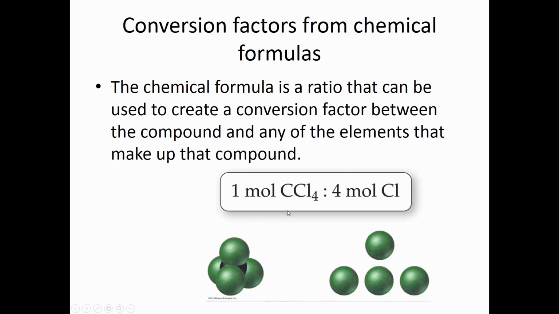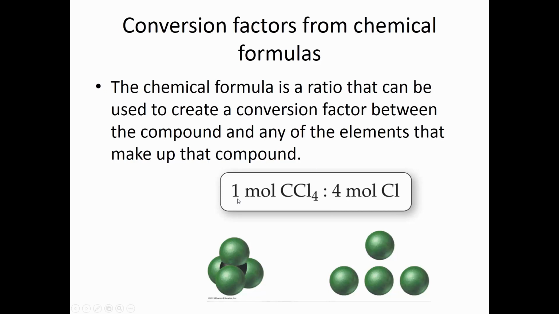Now, the thing you'll notice in this conversion factor is that you have moles and you have moles. You're comparing moles of one thing to moles of another thing. So when you do this, it's important to show, not just the word mole, but mole CCl4 and moles of Cl. This is also illustrating the idea that the mole is a central concept.